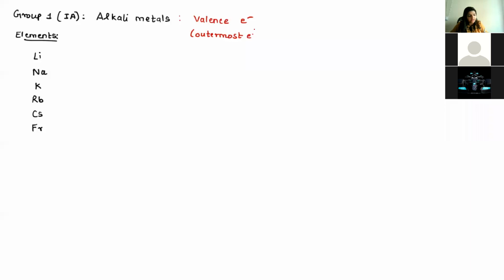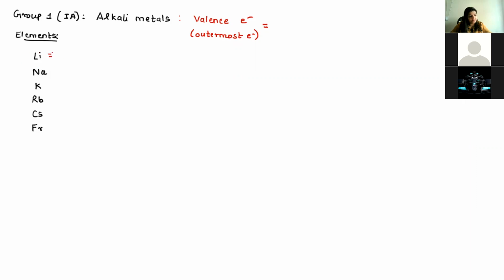How many outermost electrons in group 1? Just now we studied that depending on the group number, that many valence electrons will be there.